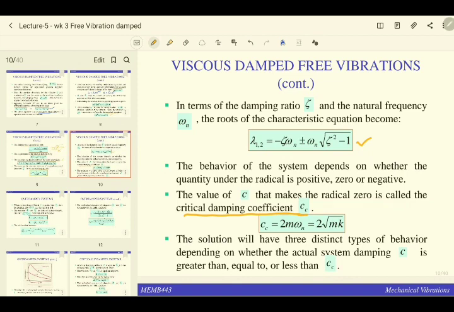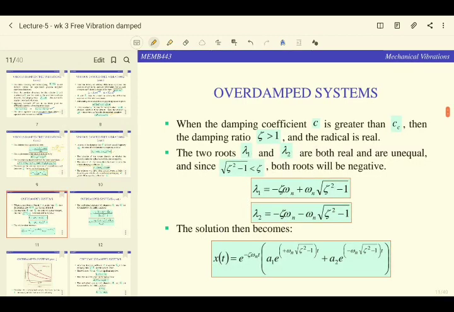For the solution, we have 3 distinct types of behavior depending on whether the actual damping in the system is greater than, equal to, or less than Cc. So you have 3 different types, depending on whether C is greater than Cc or not.